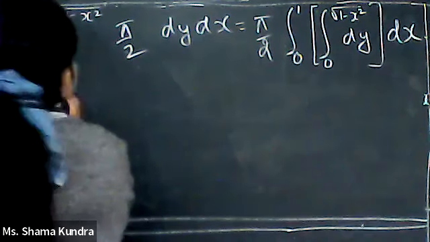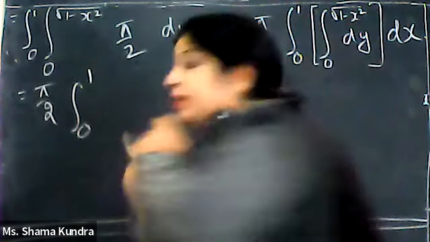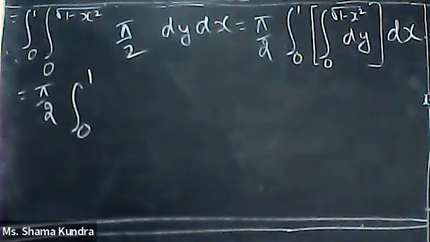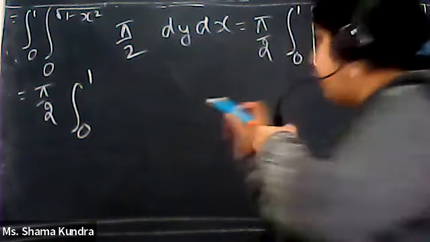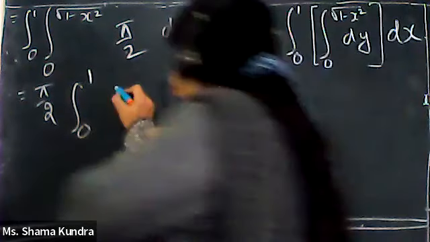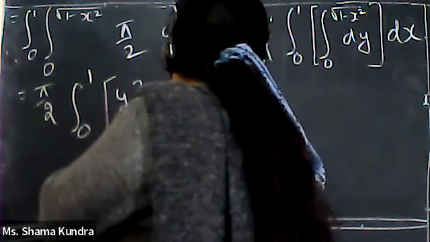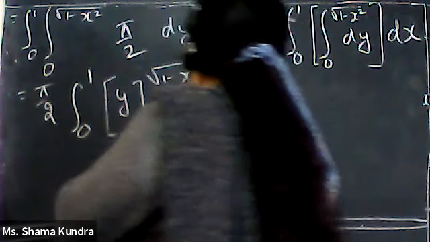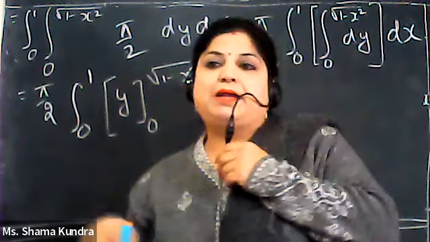Pi by 2 is already outside. Now the integral of dy, as we did in plus 2 standard, and the limits come on the right hand side. What we get is 0 to under root of 1 minus x square, dx.